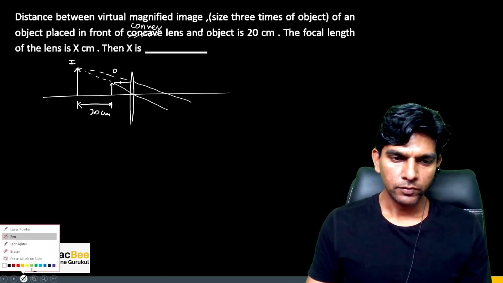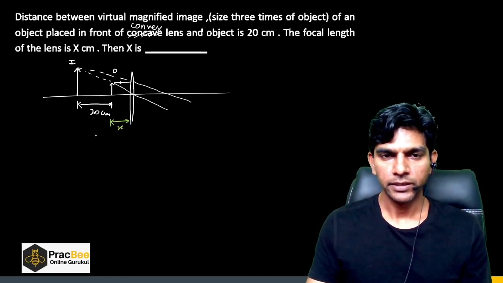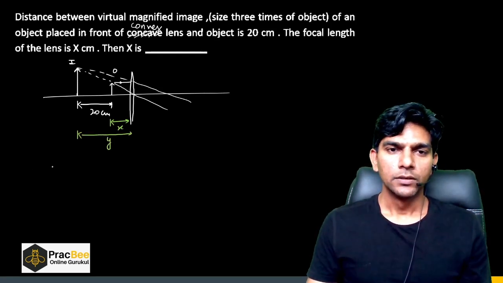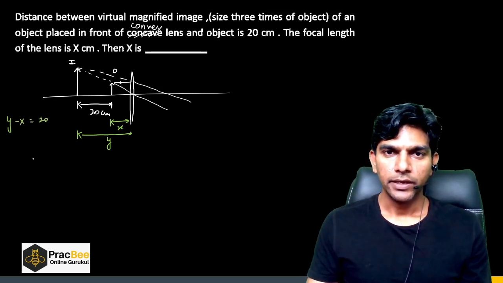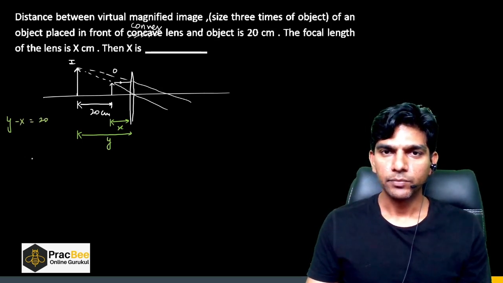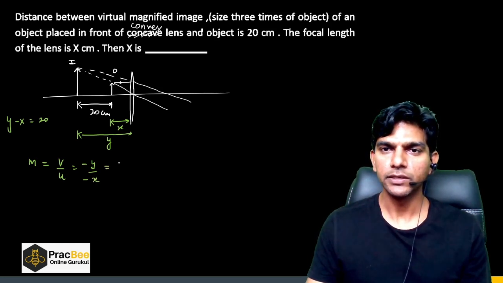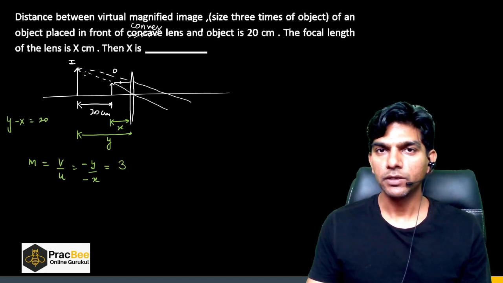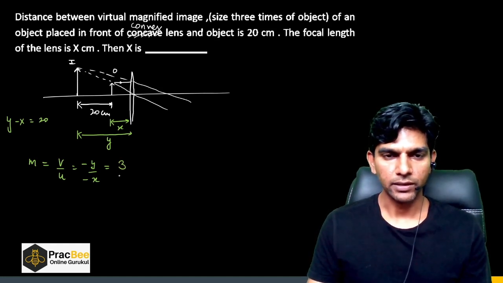So what I can do is take this as x and this as y, and we have y minus x as 20. In lenses the magnification is given as v by u, where v is minus y and u is minus x, and this is given as 3 because we have an erect image, so it will be positive magnification.